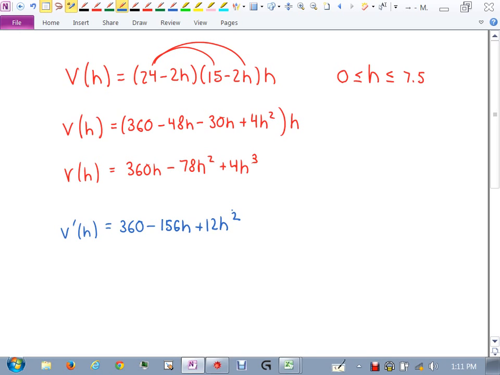All right, so now that's always defined, so I don't have to worry about this being undefined, but I do need to figure out where it's 0. So how am I going to figure out where that's 0? Set that equal to 0. And fortunately for me, it's a quadratic. I'm glad it's not cubic, because for quadratic, I can use the quadratic formula.